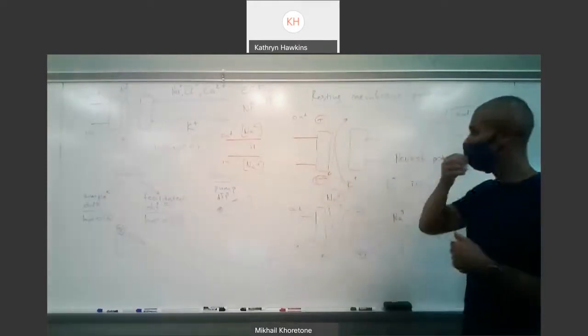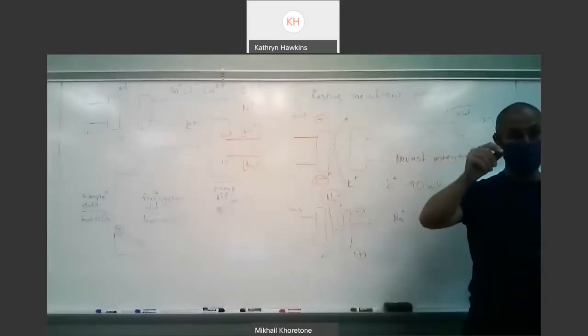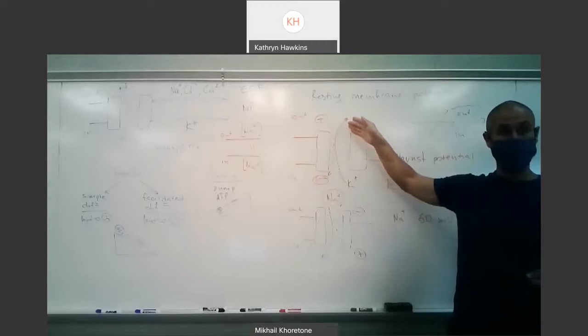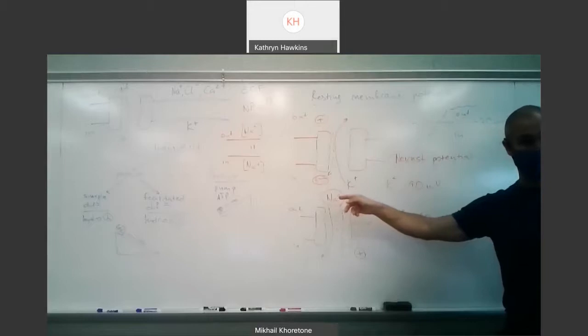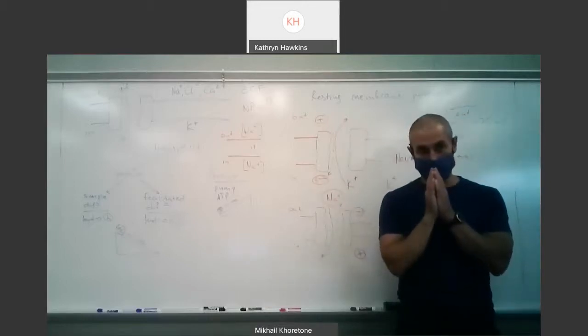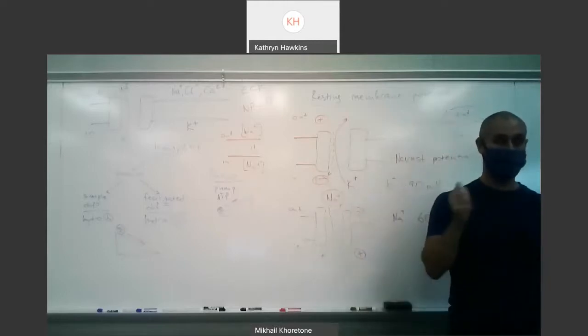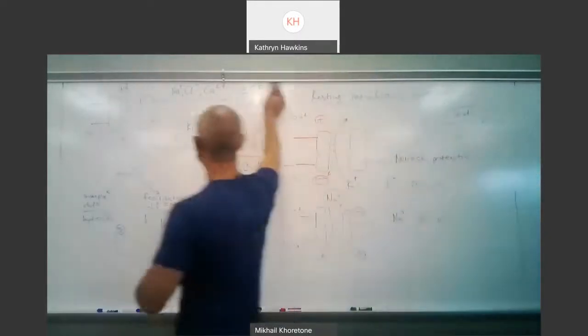The reason why at some point net flow becomes 0 is because chemically driven diffusion is counterbalanced by electrically driven movement of ions. Did I answer your question? Good? So now we are equipped with this knowledge.